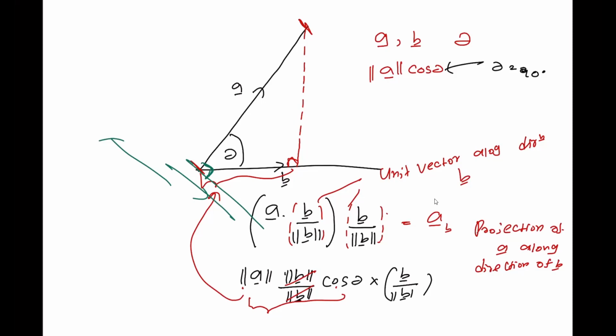At the same time, using any custom dot product, we can define the projection of vector A onto the direction of B as A dot B divided by B's norm, times B divided by B's norm.